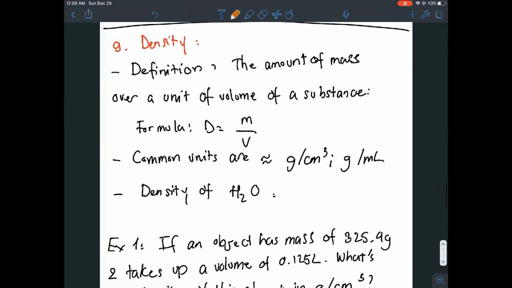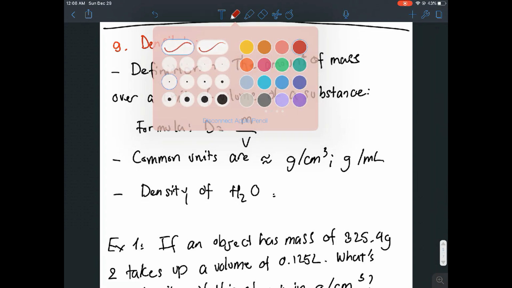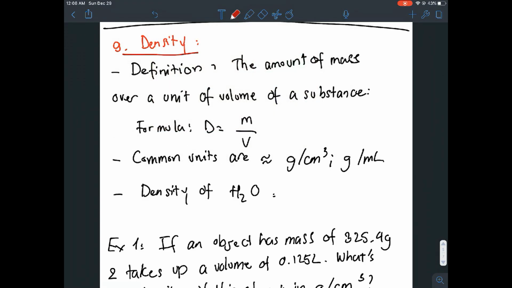We talk about the last one, which is density. What is the definition of it? When we talk about density, how do you know the definition? We look at the formula first. The formula is D, density, is equal to mass over volume.